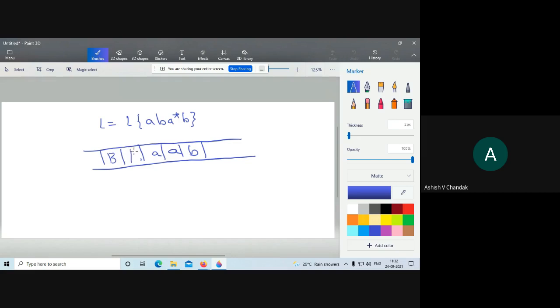Why do we have to replace? What is the need of replacement? So that we can ensure that the string read is complete. It is not necessary to replace, but if you didn't replace, how would you come to know that the string has been read? So that's why we replace it by some symbol.